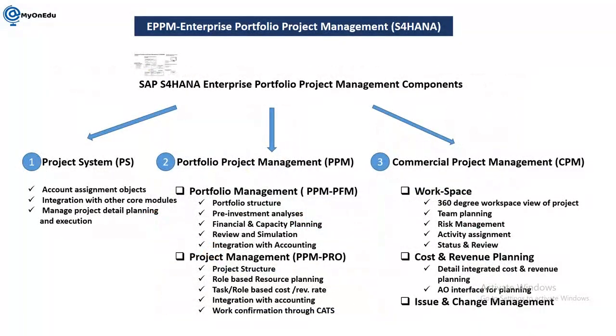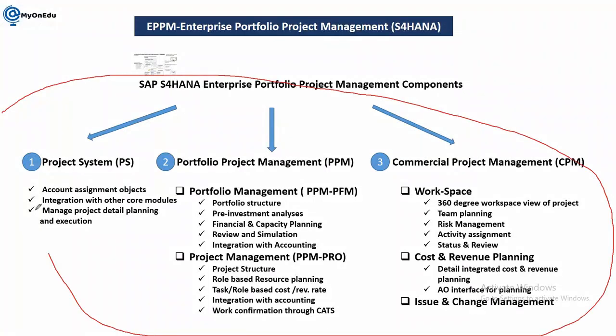So combinedly, all these modules are now coming in the EPPM space, and in S4HANA all these modules are part of the core system from 1709 onwards. From S4HANA 1709 onwards, they all come in the same EPPM space, and the license is also the same as EPPM.